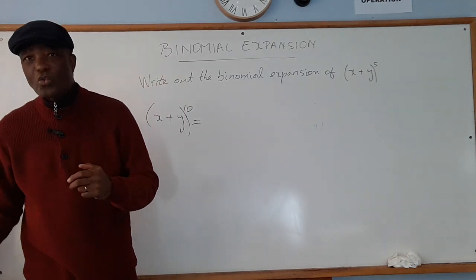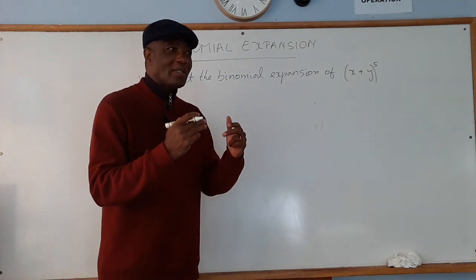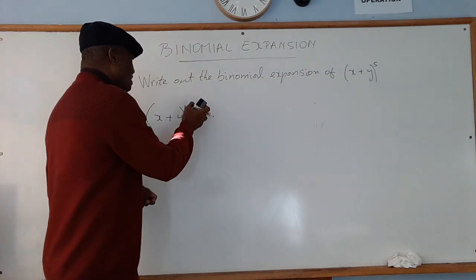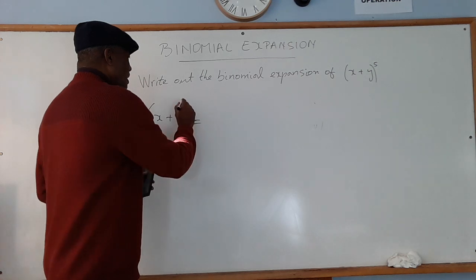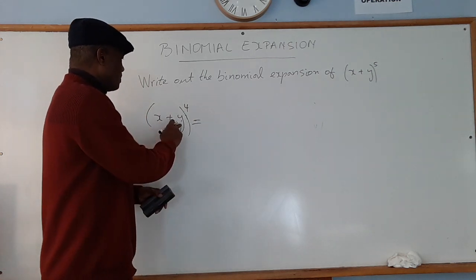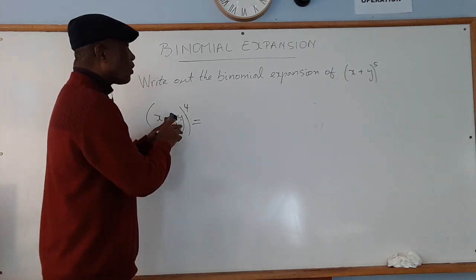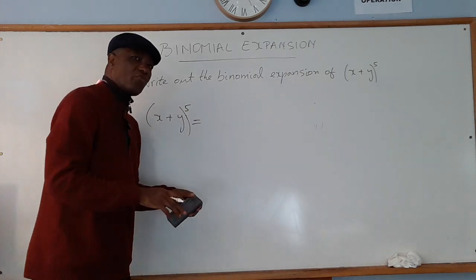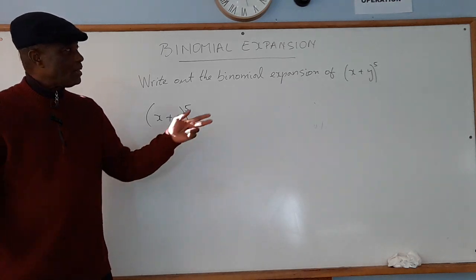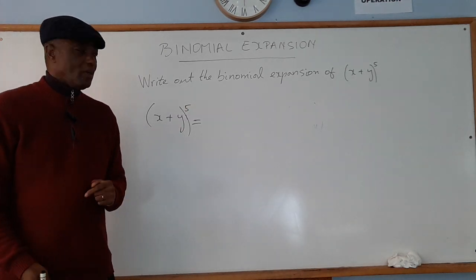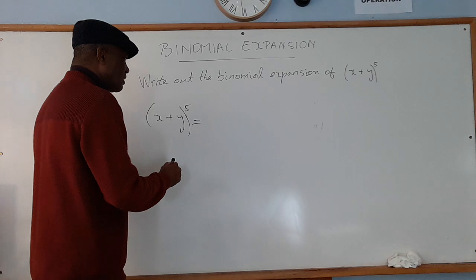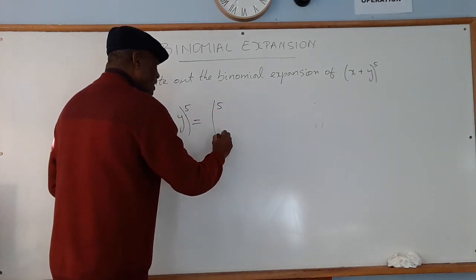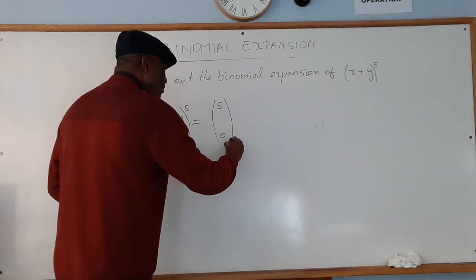So how do we do that technique? For example, let me take (x + y) to the power of 5, the way it is given. To expand it, I put 5 and 0.